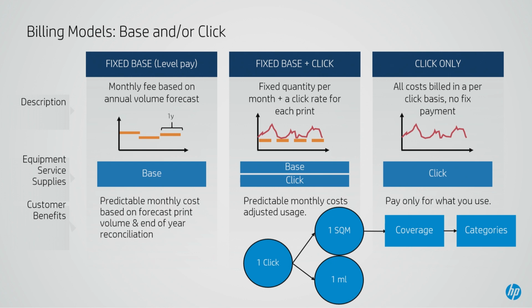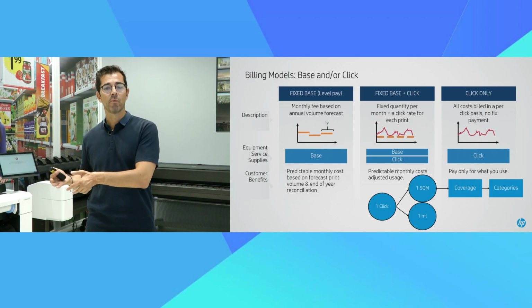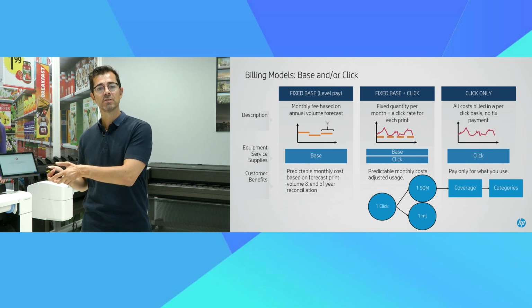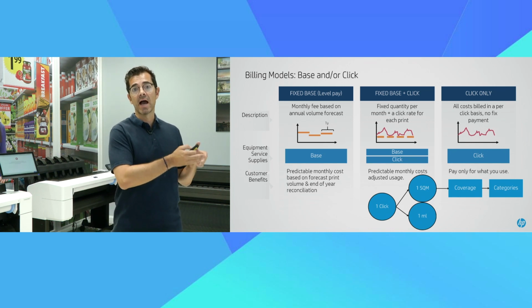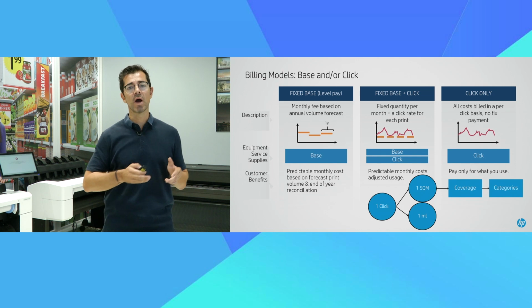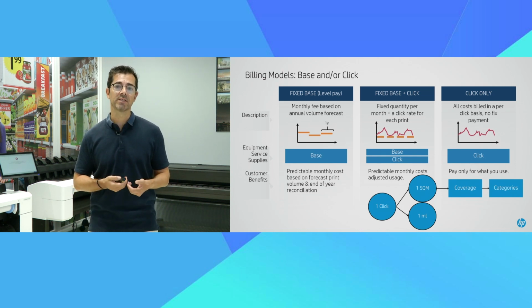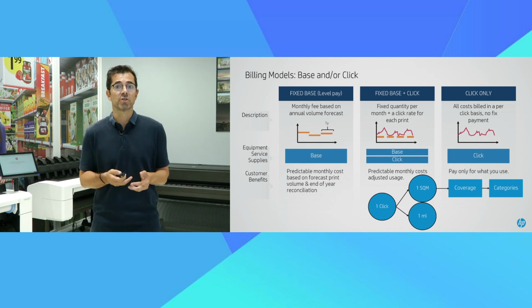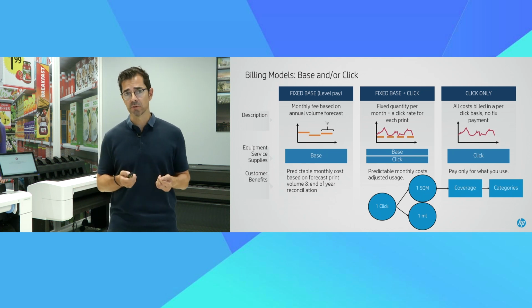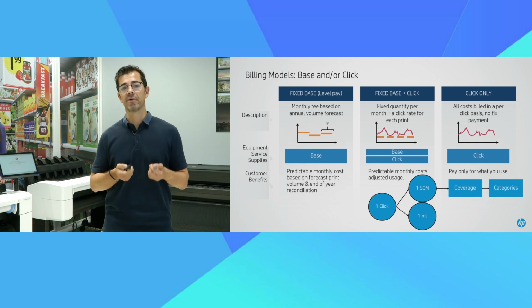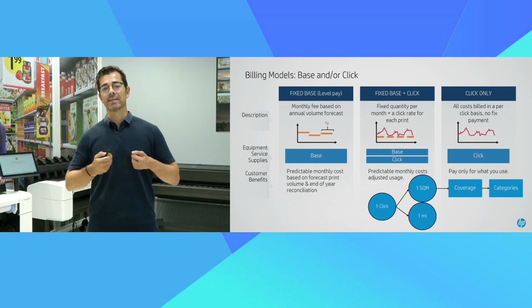But as you can imagine, in large format, the amount of ink we can place in a square meter can be very different, from lines where we have a small coverage to a poster where we have a high ink coverage. So when we do click rates for square meters, we need to consider that. For that purpose, in HP, we have created what we call categories.